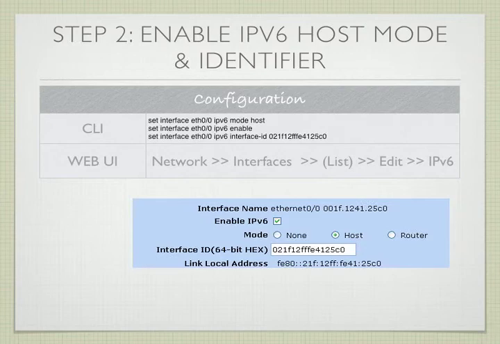So by default, you'll notice the unique identifier is the same as the MAC address for the interface. So these 64-bit ends of IPv6 addresses are generally going to be the MAC address assigned to the affected interface. And then, of course, in this case, we're saying we're going to be a host.